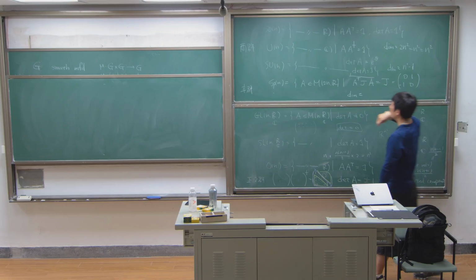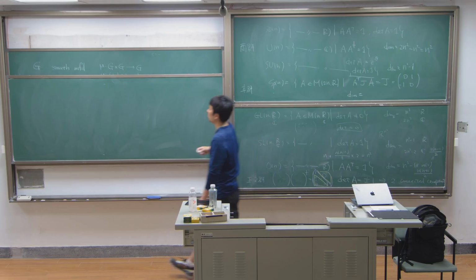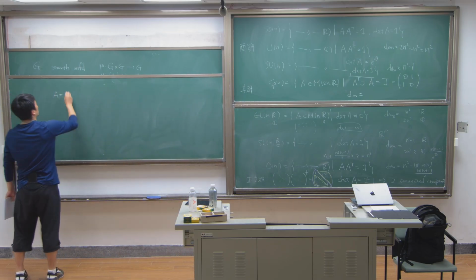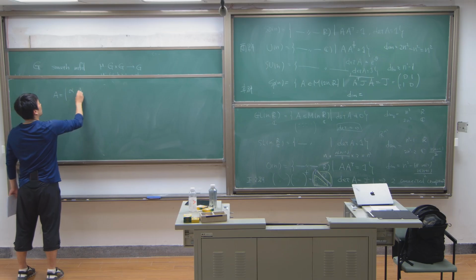So let's write down the alpha, beta, gamma, delta part.